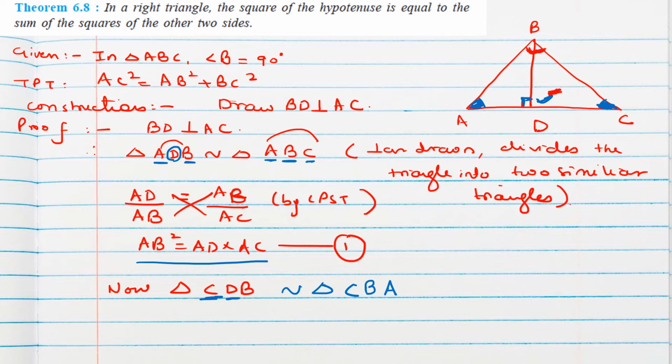So now here also the reason will be the same, and by CPST we can write CD by CB is equal to CB by CA. Then cross multiply. Cross multiplication we will get CB square is equal to CA into CD. This will be our equation 2.